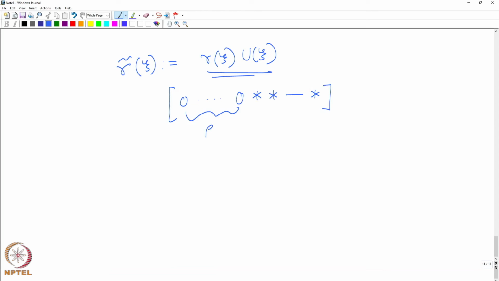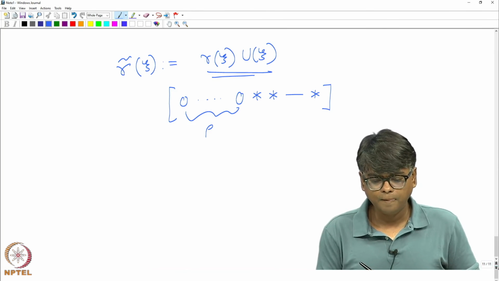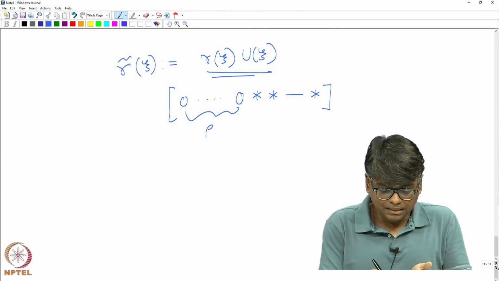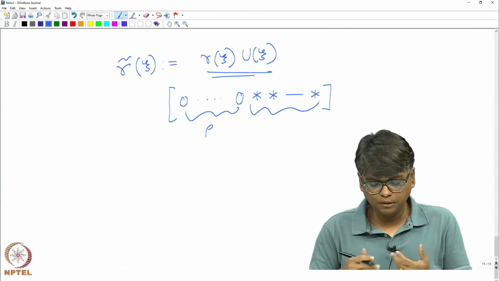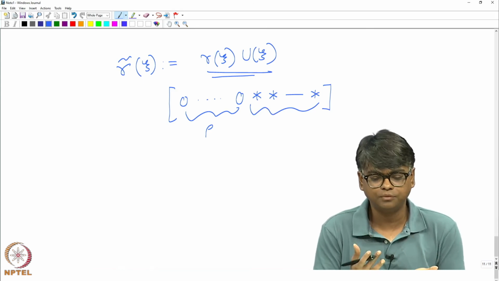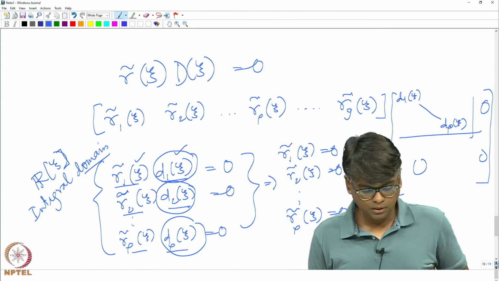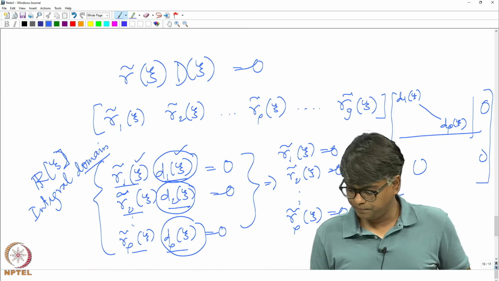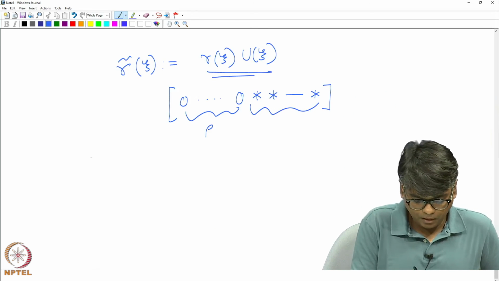This is the structure, and because it is necessary for R tilde to have this form, these guys must necessarily be 0 and these can be anything. So in fact, you can get the whole set of R(ξ) which satisfy this property. This in fact characterizes R(ξ).